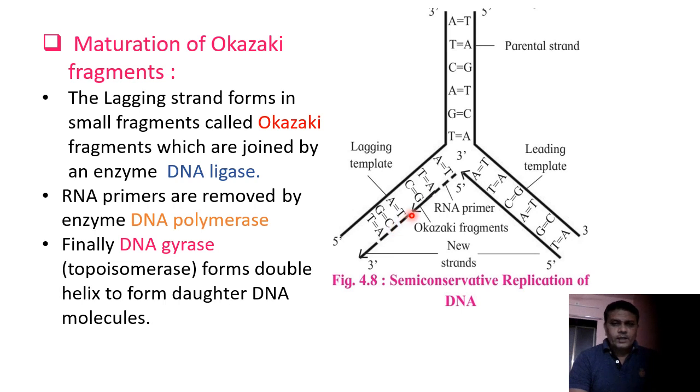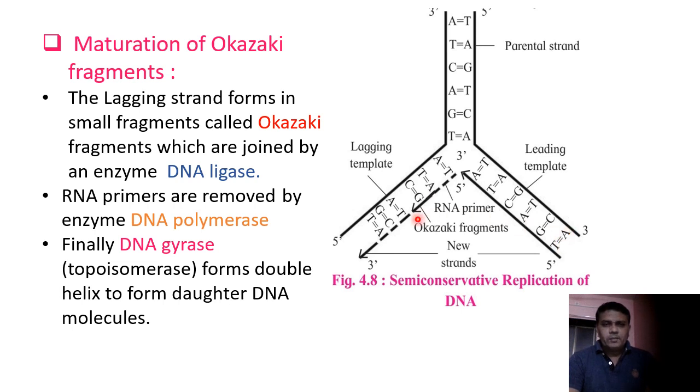These Okazaki fragments are joined with the help of an enzyme called DNA ligase. Then the RNA primers which are attached on the template strand or parental strand at the C3 end. Here the RNA primer was attached. Then at the C3 end of this leading template, the RNA primer was attached.